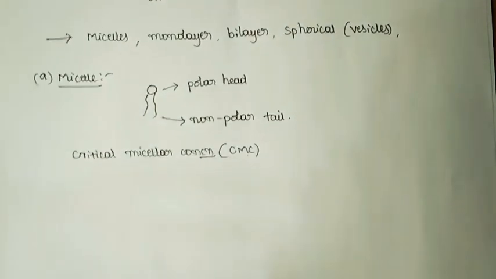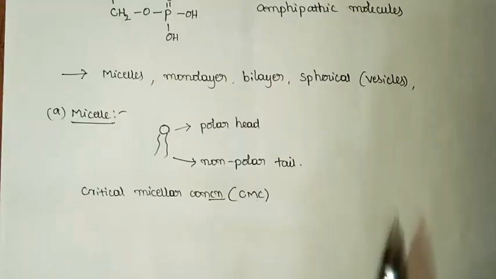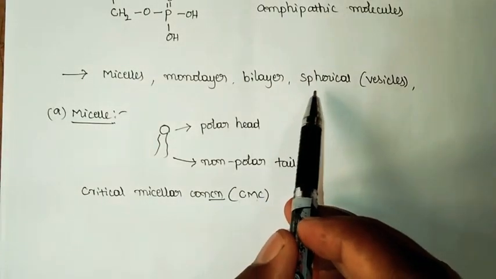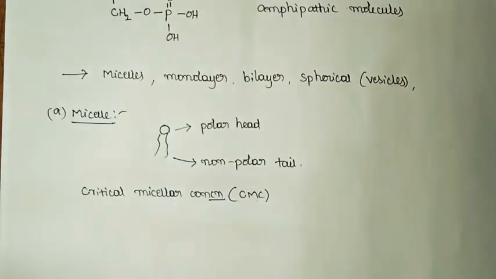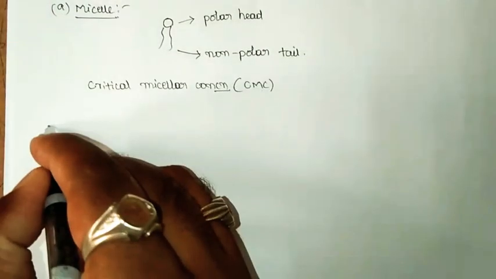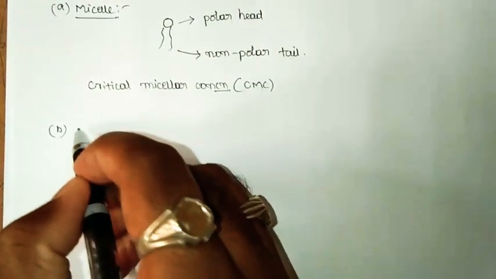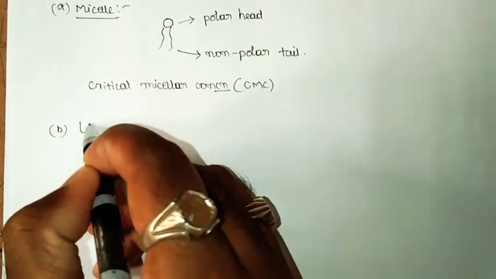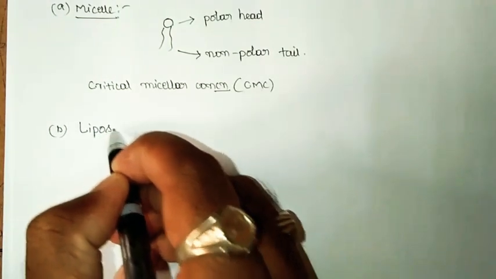Now we shall go with the second thing, that is, spherical components, which are simply called vesicles. Number 2, vesicles, or else let me say liposomes.